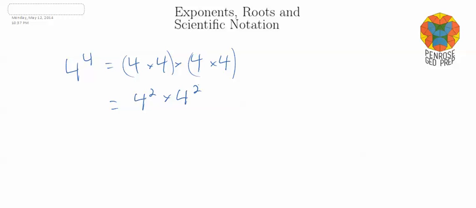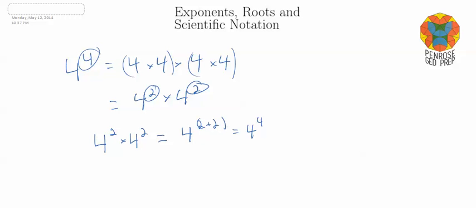Notice that the exponents on the right side of the equation here, 2 and 2, when added together equal 4. This is no accident. What I have just written is an example of a rule that applies to all exponents. The rule is this: if we have a product of two different exponents with the same base, we can simply take the sum of the exponents and combine the bases. When we write it out, it looks like this.